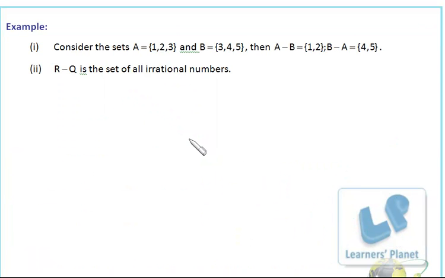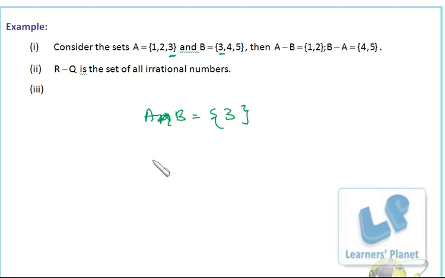Now suppose we have two sets A and B, and we have to find A minus B. First of all you find A intersection B. A intersection B is the elements which are common, so that's 3.